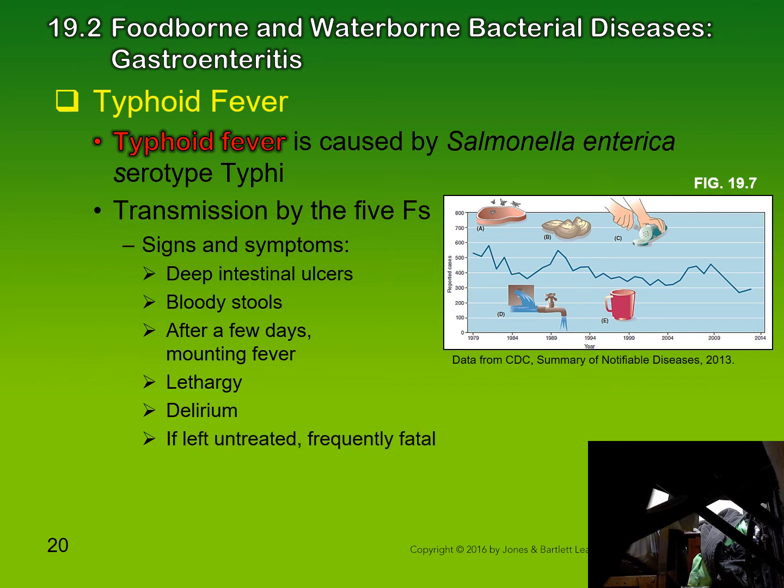In Salmonella typhi, you'll have deep intestinal ulcers, bloody stools, after a few days a mounting fever, lethargy, delirium, and if left untreated, this food poisoning can be fatal. Because Salmonella can be treated with antibiotics, you do have a lot of antibiotic treatment for Salmonella enterica.